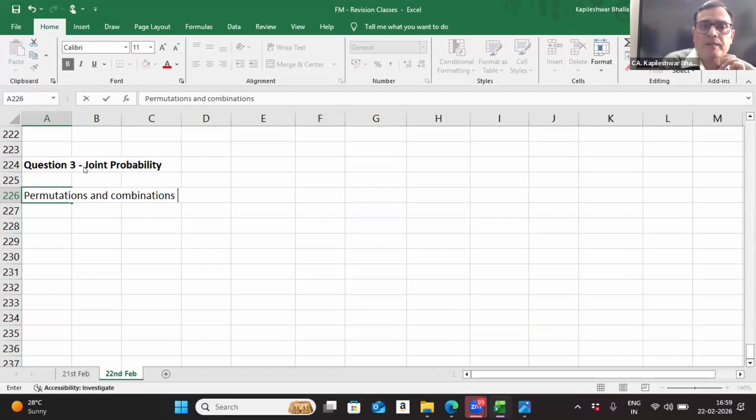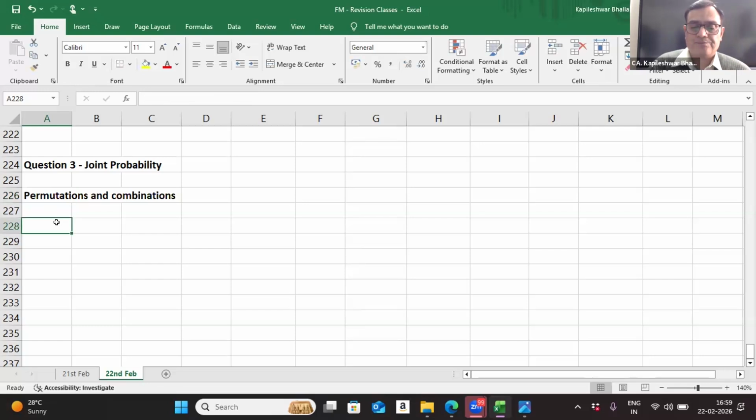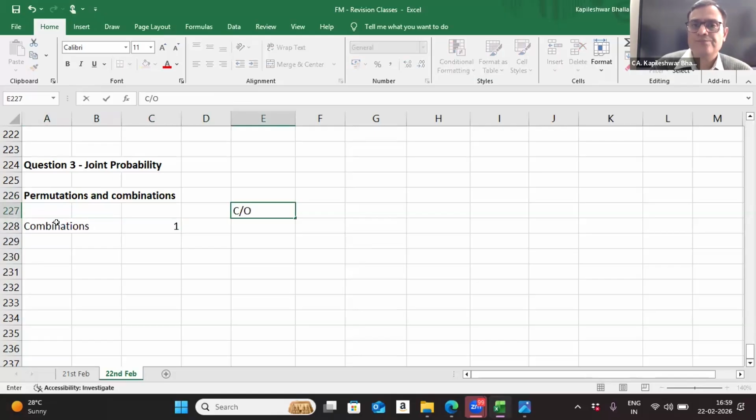So we'll first identify all the permutations and combinations in this case. So let's begin with combination 1. Then I think we'll organize the data out here. Combination 1, there is a cash outflow, and then there is a cash inflow. I think we can organize this.